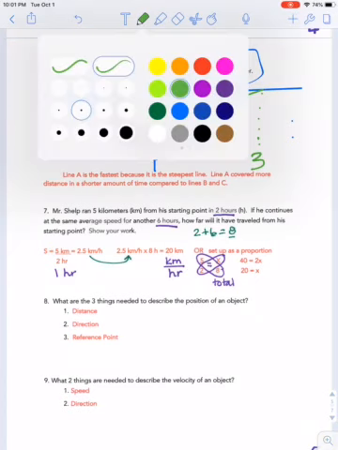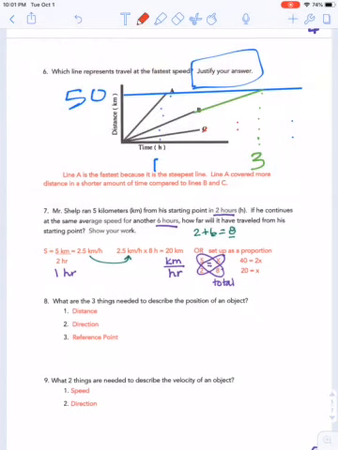And then poor line C, if we continued until it reached 50 kilometers, that might be something like 5 hours. So line A covered more distance in a shorter amount of time compared to lines B and C.